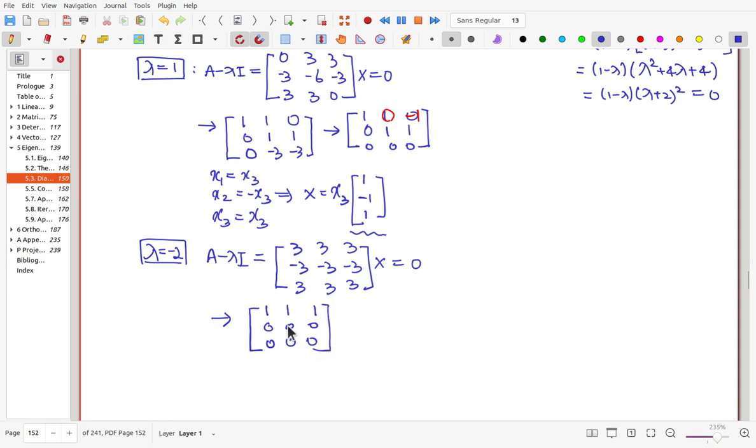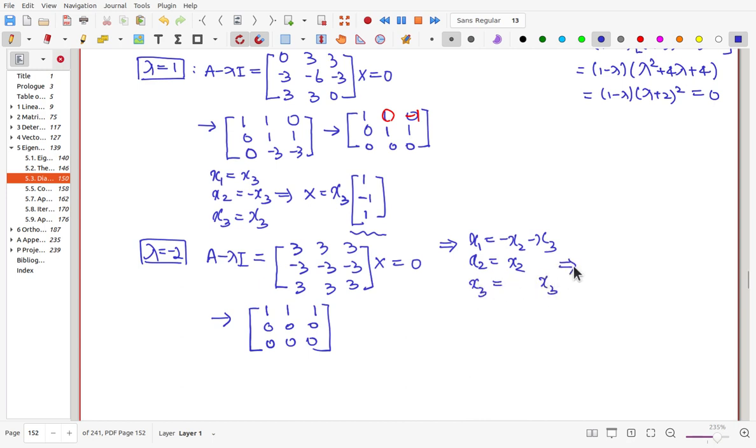So that means that x2 and x3 are free variables, and from this one, x1 equals -x2 -x3, and x2 is the same as x2, a free variable. x3 is again x3.